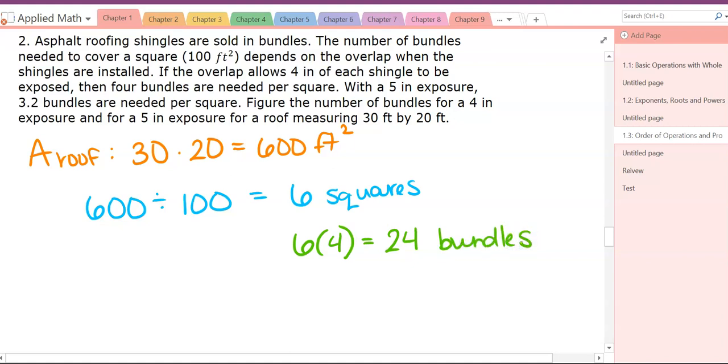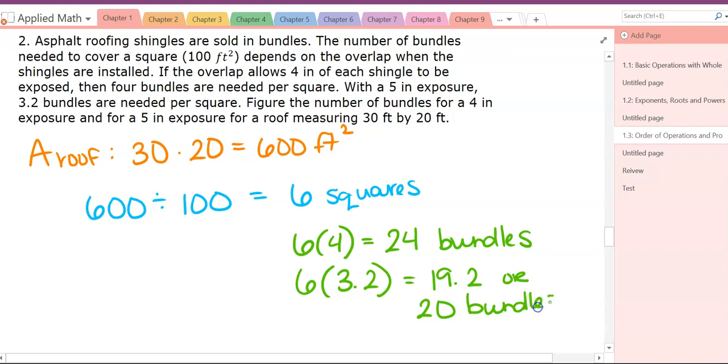But then for a 5-inch exposure, 3.2 bundles are needed. So if we take 6 times 3.2, that's going to be about 19.2, or we would probably want to round up to 20 bundles. So depending on which overlap this roof has, you would need either 24 bundles or 20 bundles.